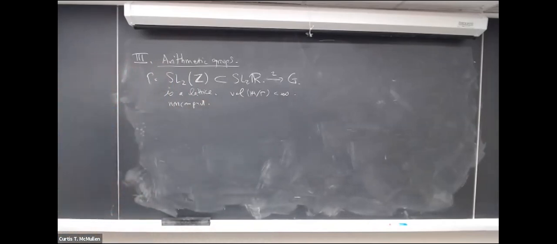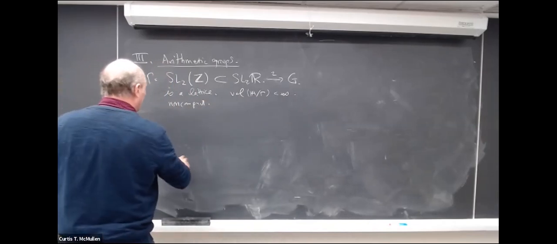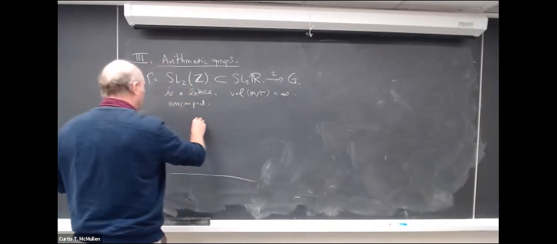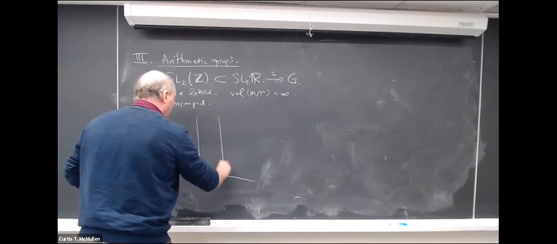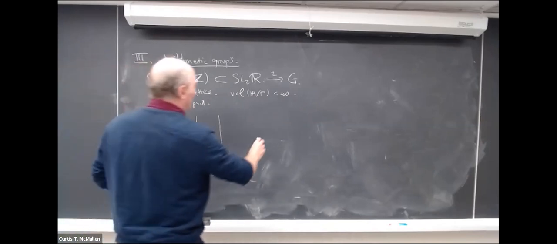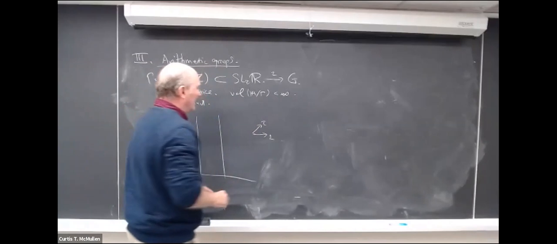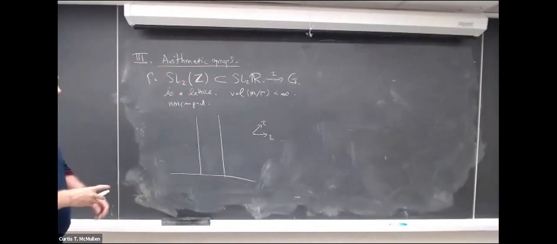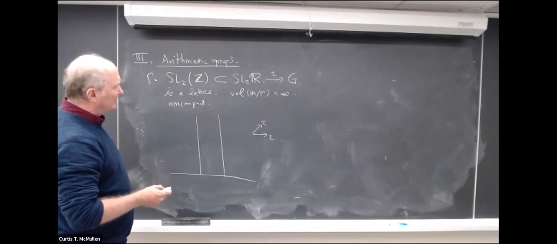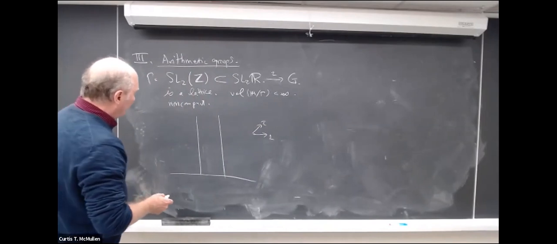So the way this group is traditionally discussed in the theory of elliptic functions, as you all know, is you think of 1 and tau as forming a basis for a lattice. And now there's many other possible choices of basis for this lattice.